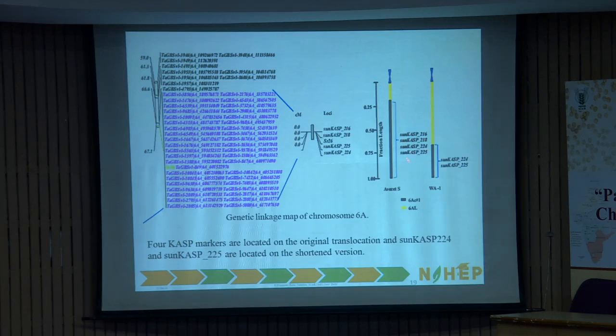This was a large translocation in our Set S, the plant which we used as a donor, and there was one more small translocation in Wild Abortive 1, so that CASP 224 and 225, these 2 markers, are SNP based markers. You can run them in any laboratory for that matter.